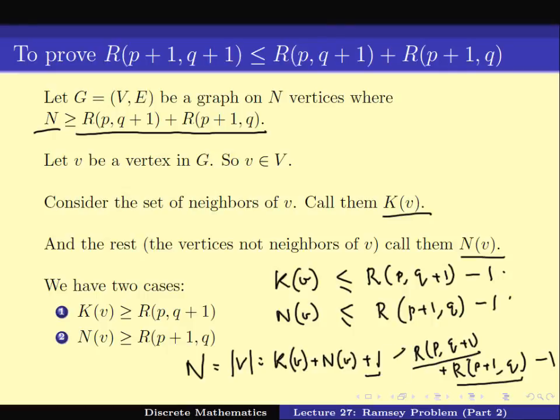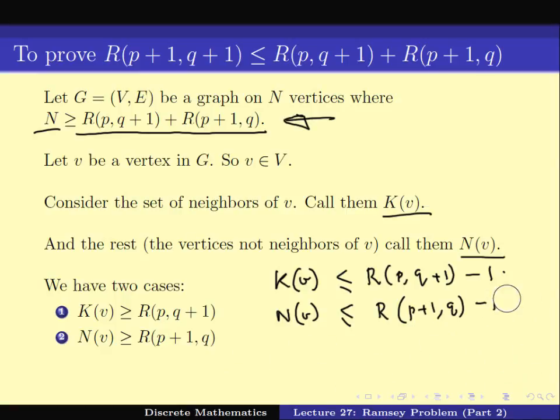So n is strictly less than this, which is unfortunately contradicting our assumption that n is greater than or equal to this. So if neither case 1 nor case 2 holds, we get a contradiction. So either case 1 holds or case 2 holds, or maybe both hold, but neither holding is not an option.